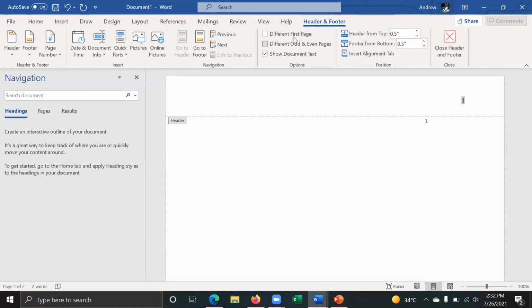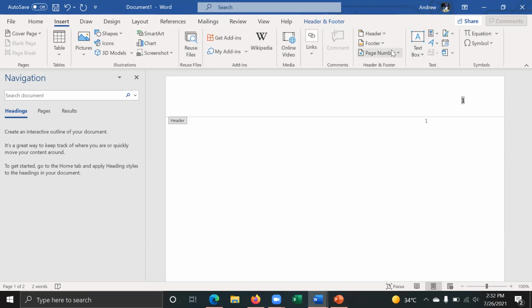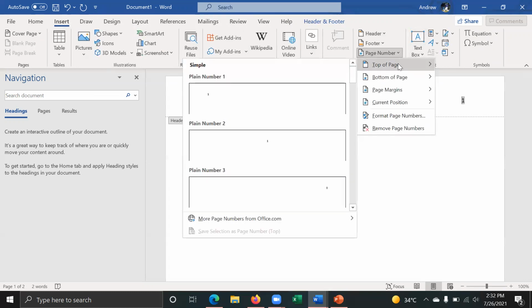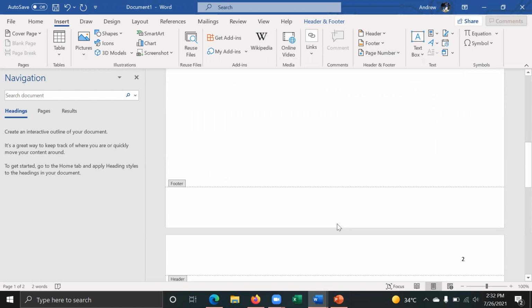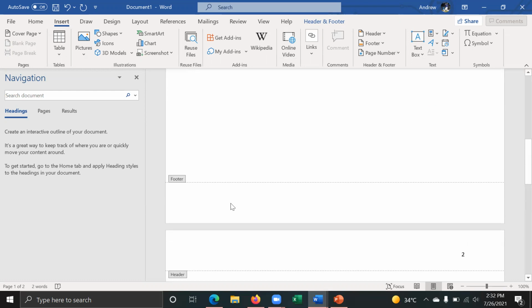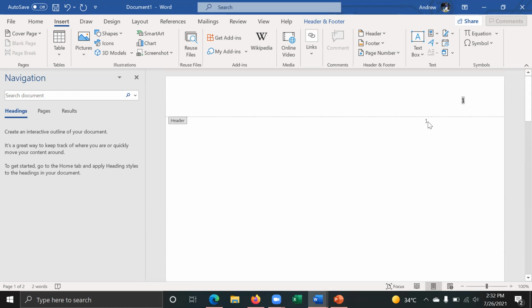That's probably an easier way to do it. Just go to insert, page number, top of page. Let's see. There we go. And then just get rid of this one. Okay. That's the page number.